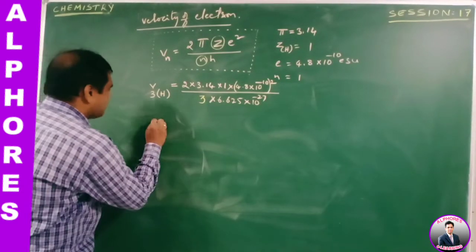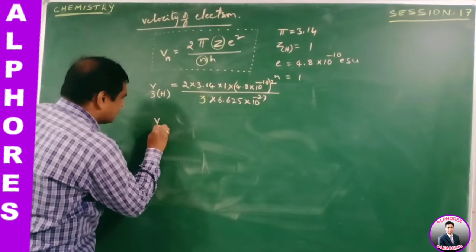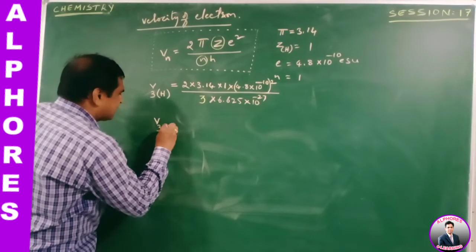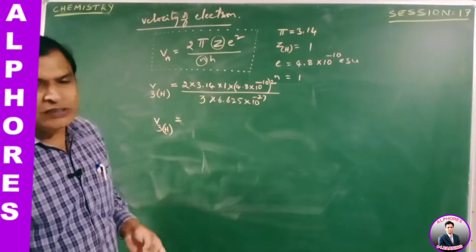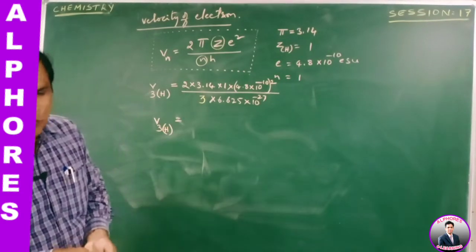What is the velocity of the electron in the third orbit of hydrogen? Velocity of the electron in the third orbit of hydrogen atom, how much can we calculate?